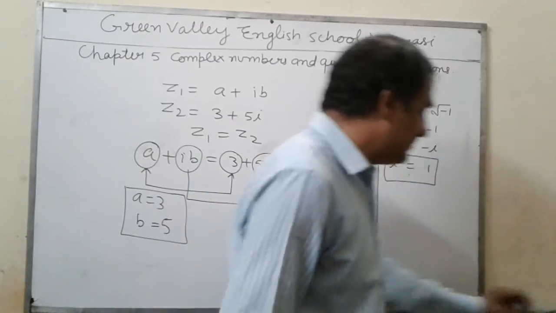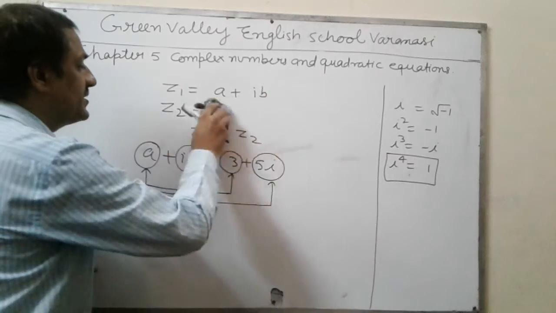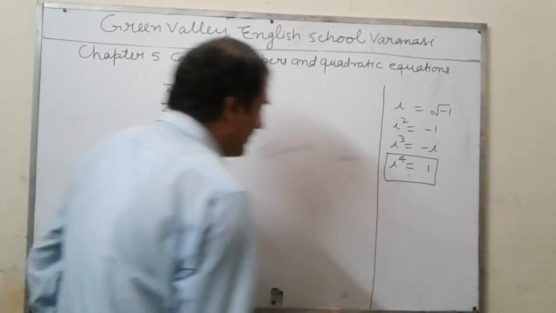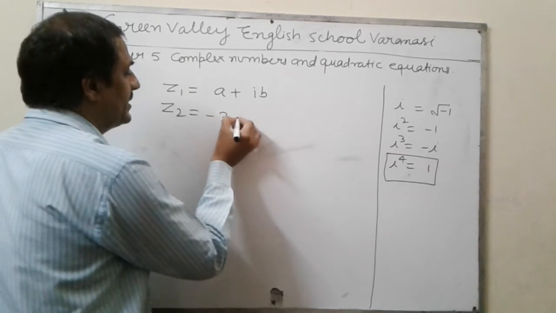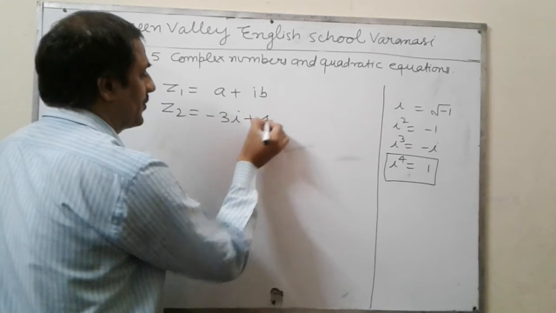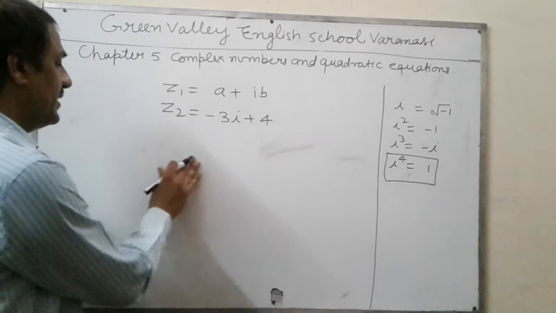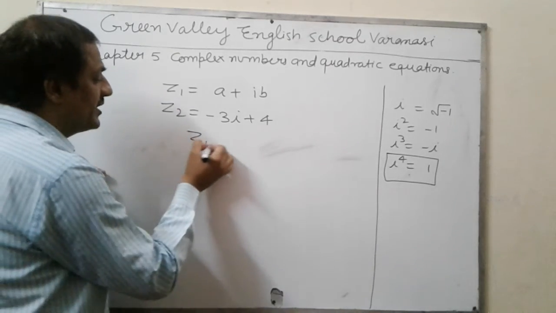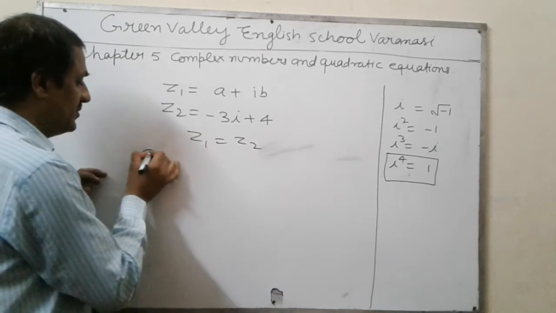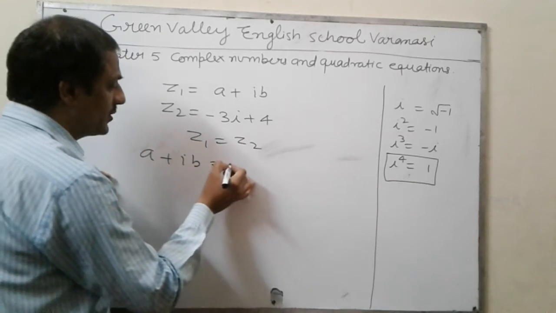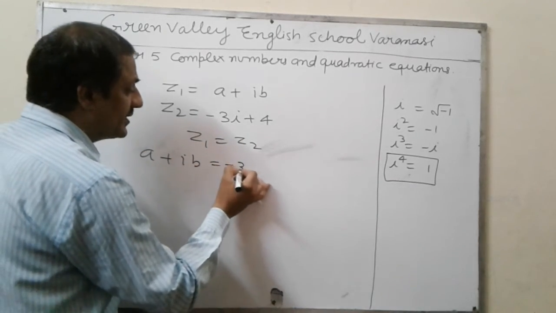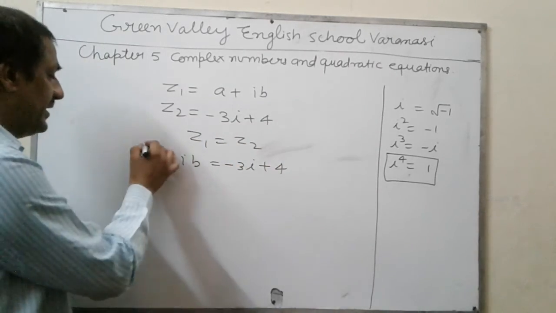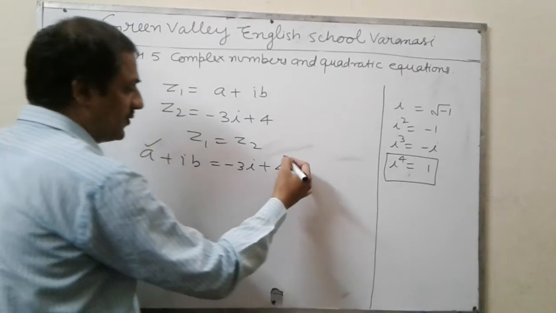Similarly, if the second complex number is minus 3i plus 4, here z1 and z2 both are equal, so z1 is equal to z2. It means a plus ib is equal to minus 3i plus 4. Here the real part of the first complex number is a and the real part of the second complex number is 4.